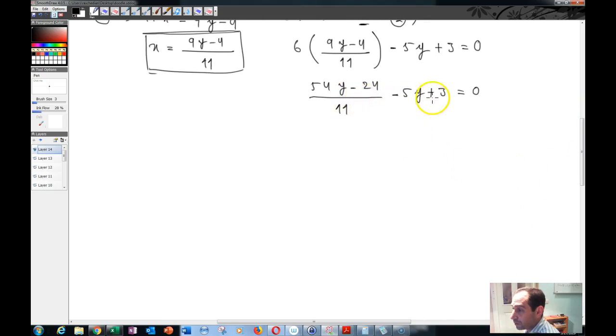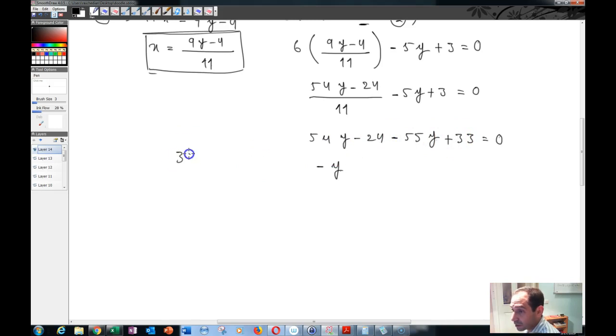So next you can multiply this whole equation by 11 to get rid of this denominator. So then you would have 54y minus 24, and minus 5 times 11 is 55y, and 3 times 11 is 33, is equal to 0. So then you have negative 55y plus 54y, which is negative y, plus 33 minus 24.